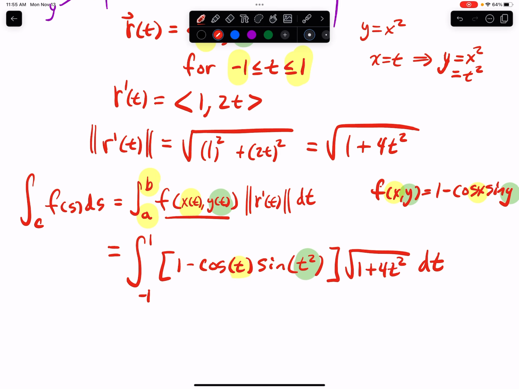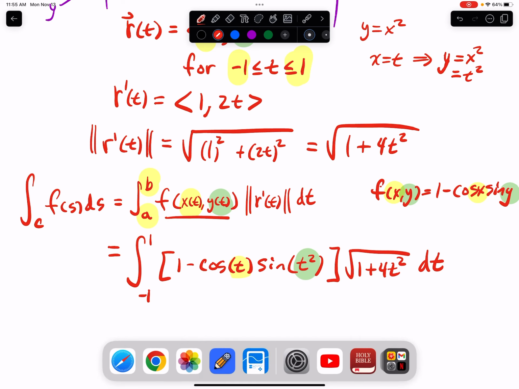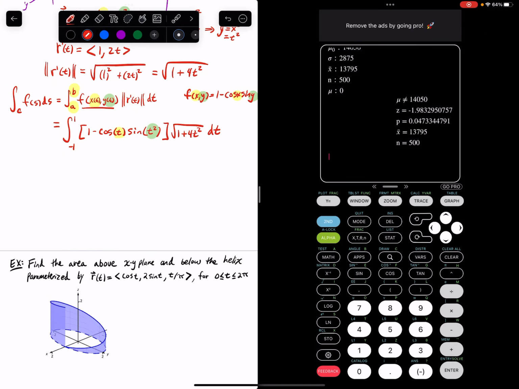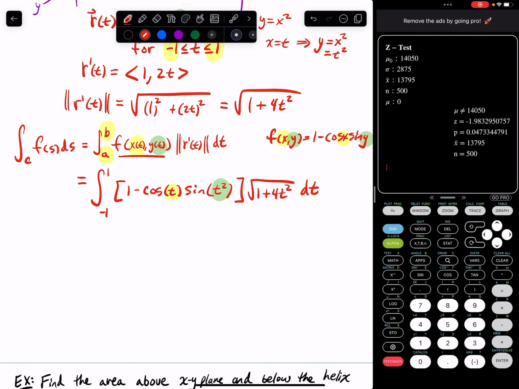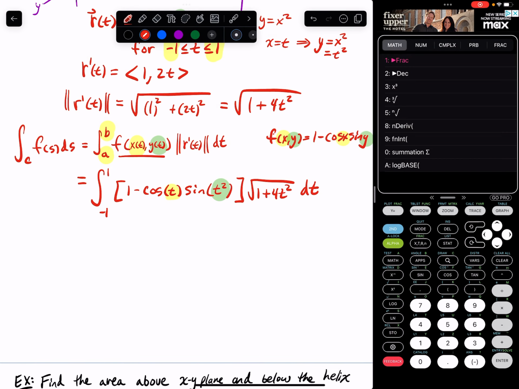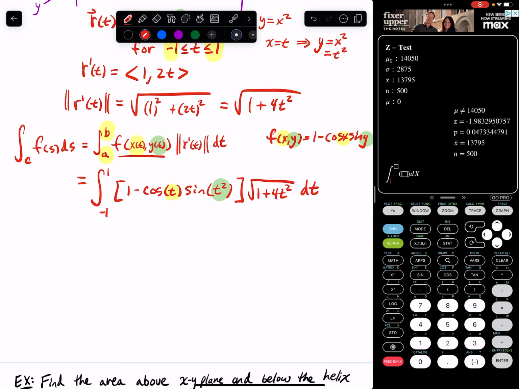Now, if you can integrate that by hand, you're awesome. Okay, that's pretty hard to do. What I would suggest is that at this point, once we have it set up, we resort to technology to help us find this answer. So go to math and then definite integral, -1 to 1. And then I'm going to do parentheses, 1 minus the cosine.